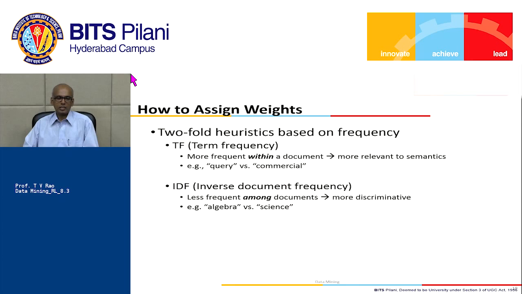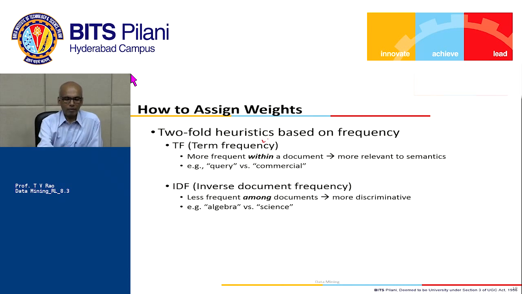Now the question is, when you have a term, which may occur within a document, how do we represent it? Either we are using a vector space approach or the probabilistic model, which again uses the keywords and wants to give weightage based on some parameters. We need to think in terms of how to assign weight to some of the keywords, as some keywords become more important than others.